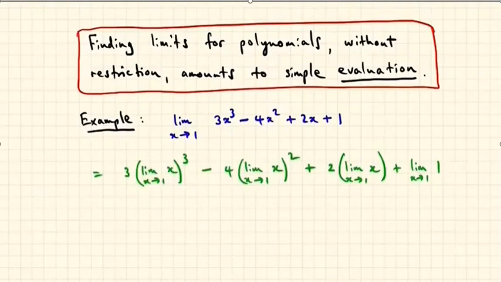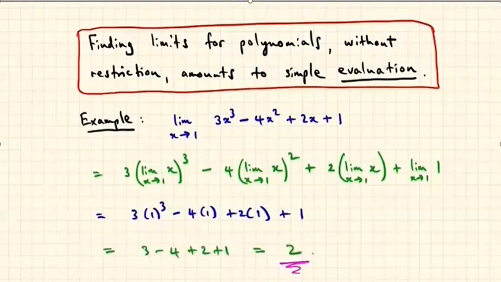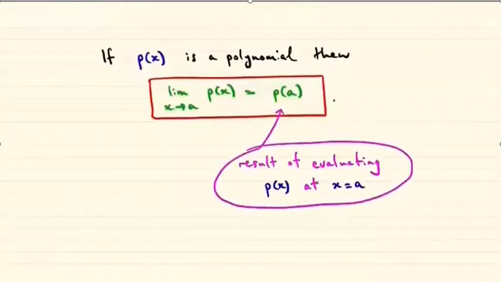This has precisely the effect of evaluating the polynomial at x equals 1, yielding the answer 2. We don't need to know what the graph actually looks like. In general, if p of x is any polynomial, then the limit of p of x as x approaches a is just p of a.